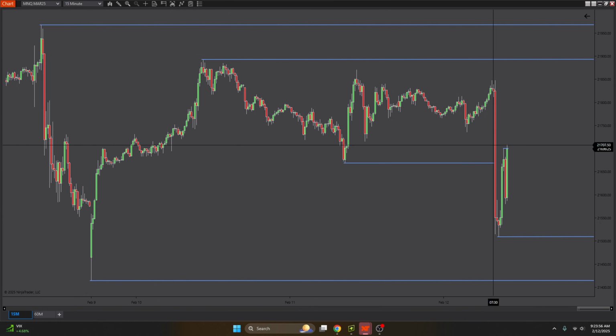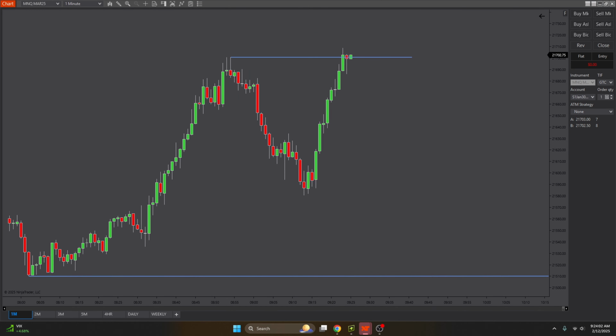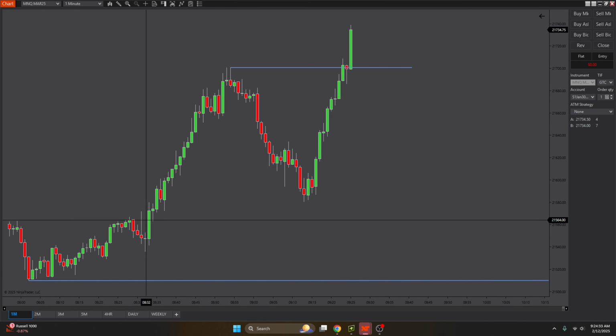Of course, if the opportunity presents itself, we could snag a short there, but that's not really what I'm looking for, because it's going against what I think the higher time frame is doing. Whew, look at that. Nice move up here.